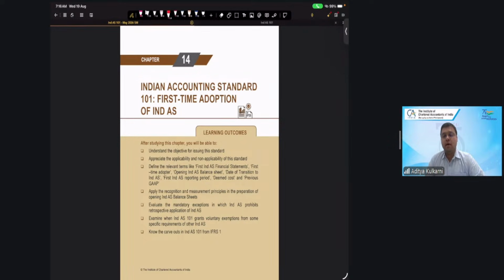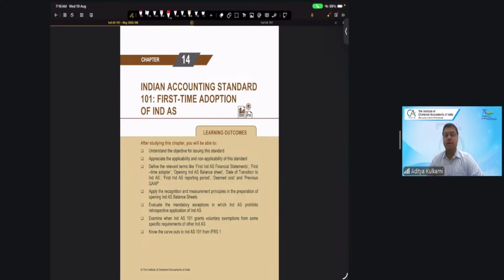Ind AS 101 basically tells us at the point of transition, how can you remain compliant by not applying fully the requirements of Ind AS? Ind AS 101 tells you how you can avail certain exemptions and benefits, keeping in mind the practicality that is involved.